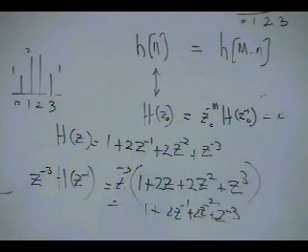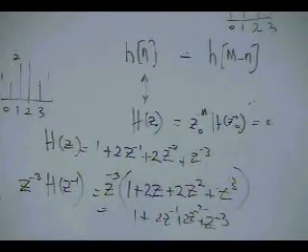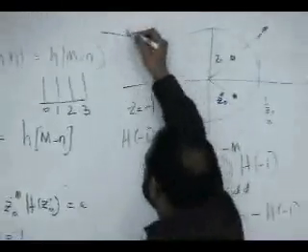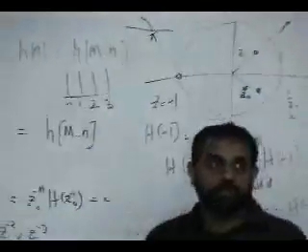Okay? So what is the significance of a 0 at pi? What will it do to the frequency response? If I place a 0 at pi, what will happen to the frequency response? It will touch 0. A 0 here means that the frequency response will always touch 0 at pi.